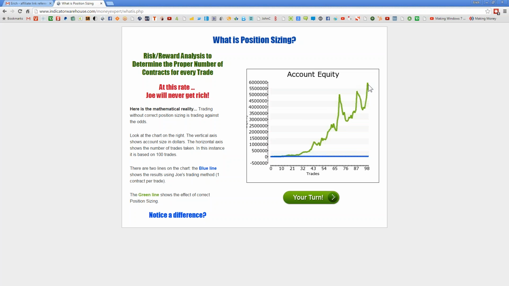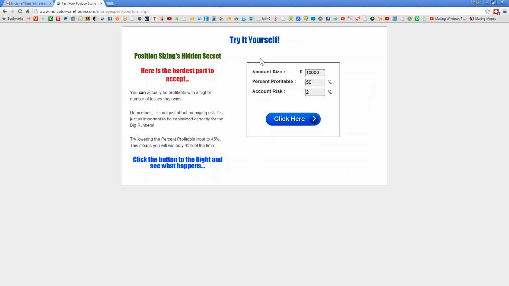Now, before you laugh, I do know one fellow who ran a single contract up to $40,000 by using position sizing. He started with a single, and then using position sizing, he ran one trade up to $40,000. So here, let's get to the example.